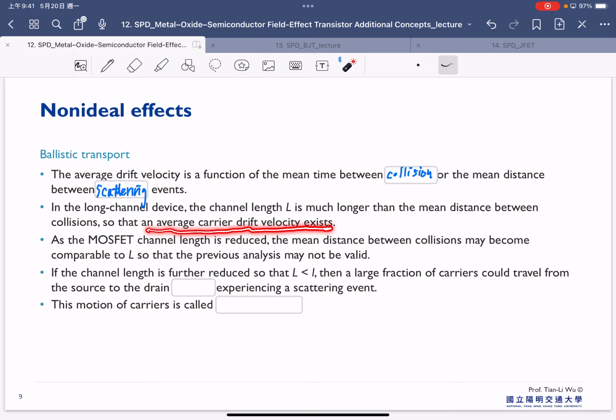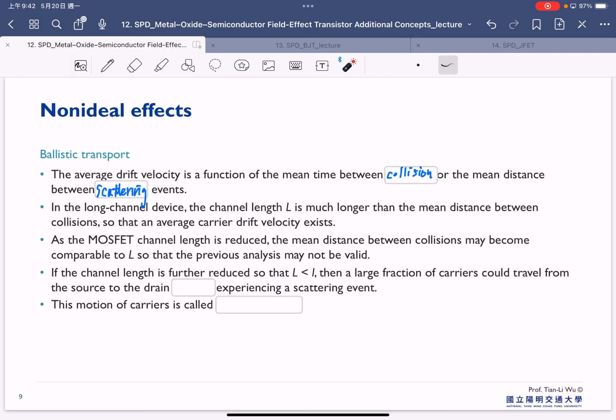But once we reduce the channel length, the mean distance between collisions might become almost comparable to the channel length. And therefore, the previous analysis might not be valid here. This is because once you have an electron moving in the channel, it will definitely have certain collisions with, for example, defects or other atoms.